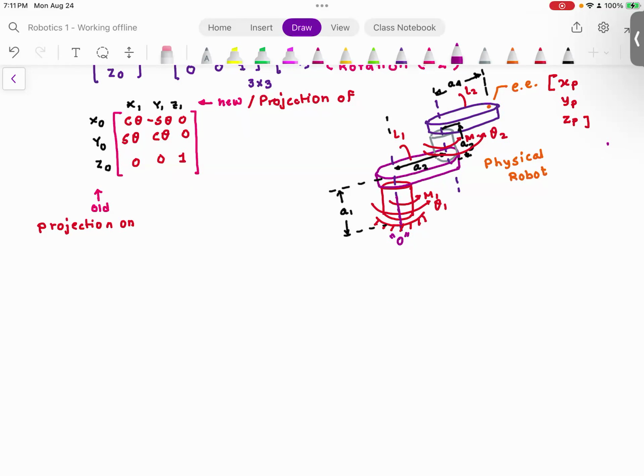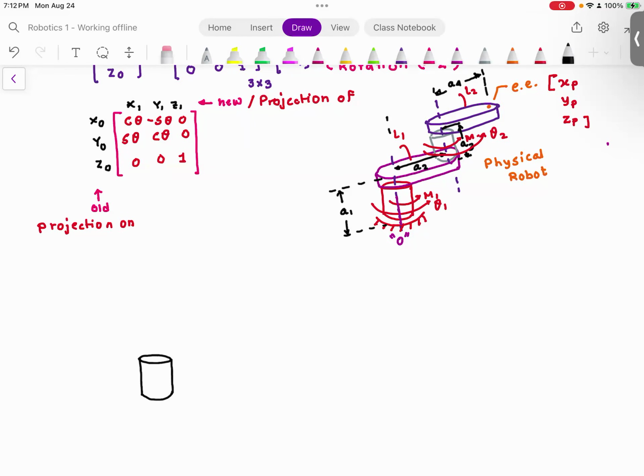So let's identify the joints. Can someone tell me how many joints this robot has? 2 joints. Are they revolute or prismatic? Both of them are revolute, or rotary, joints. So I'm going to draw the kinematic diagram. The revolute joint is represented as a cylinder. A prismatic joint is represented as a brick.